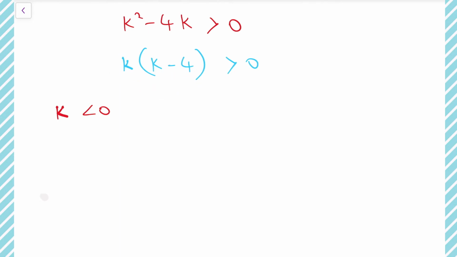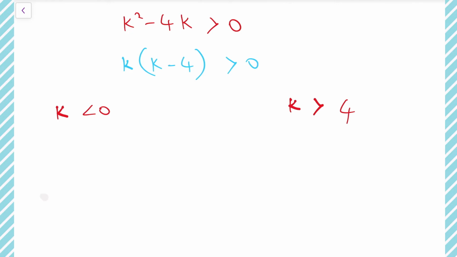So k is less than 0 is one condition, and k is greater than 4 is one more condition. Sorry, greater than or equal to won't come, because equal to means 4 minus 4 is 0 again. So k is greater than 4, one more condition. So two conditions are possible: one if k is less than 0 and one if k is greater than 4.